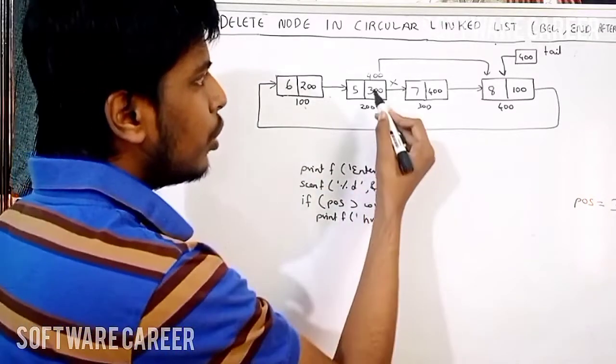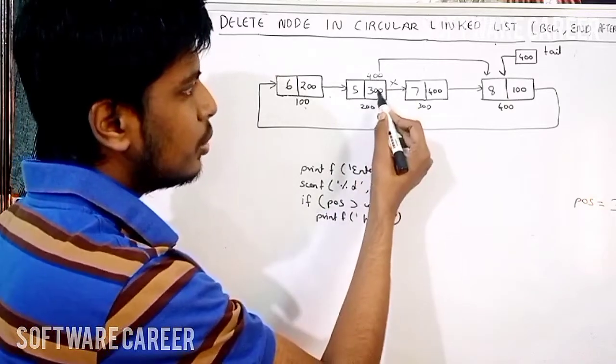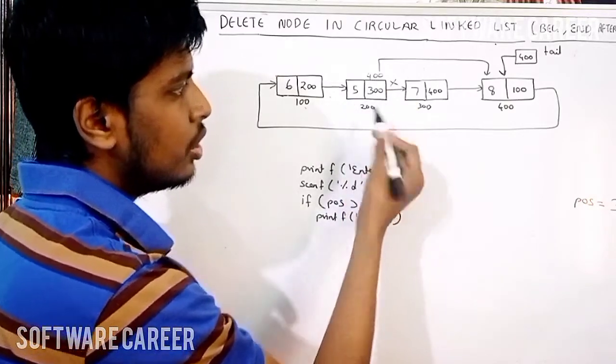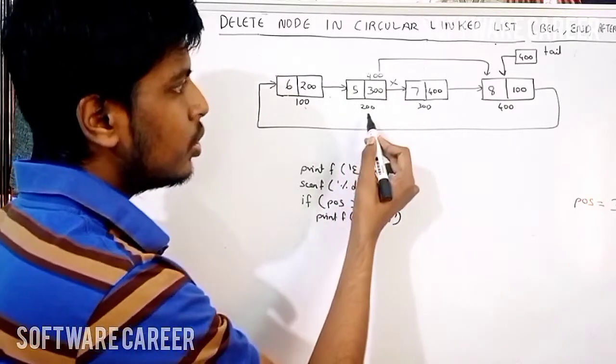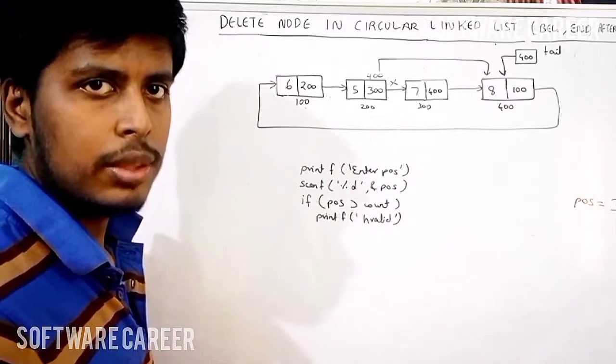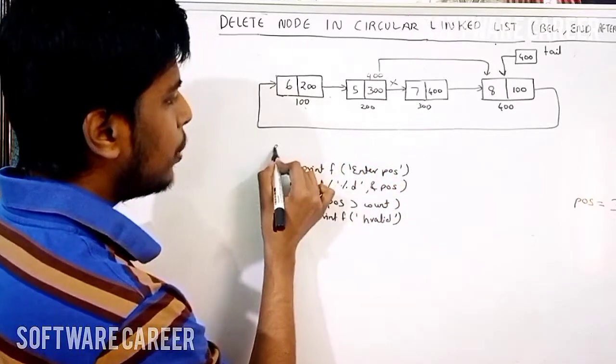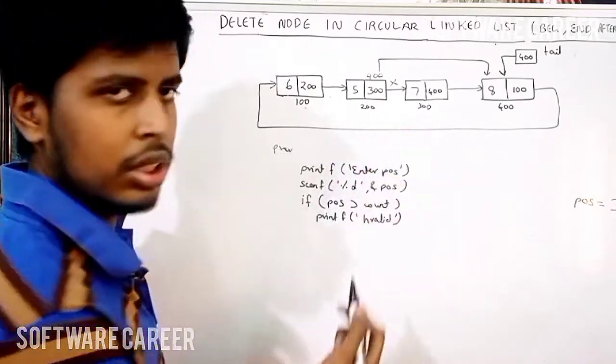Now for accessing this pointer, I should update it. For that I should know the address of this node, that is 200. But there is no pointer pointing to 200. So I should create another pointer called previous. Now previous should point to this node.